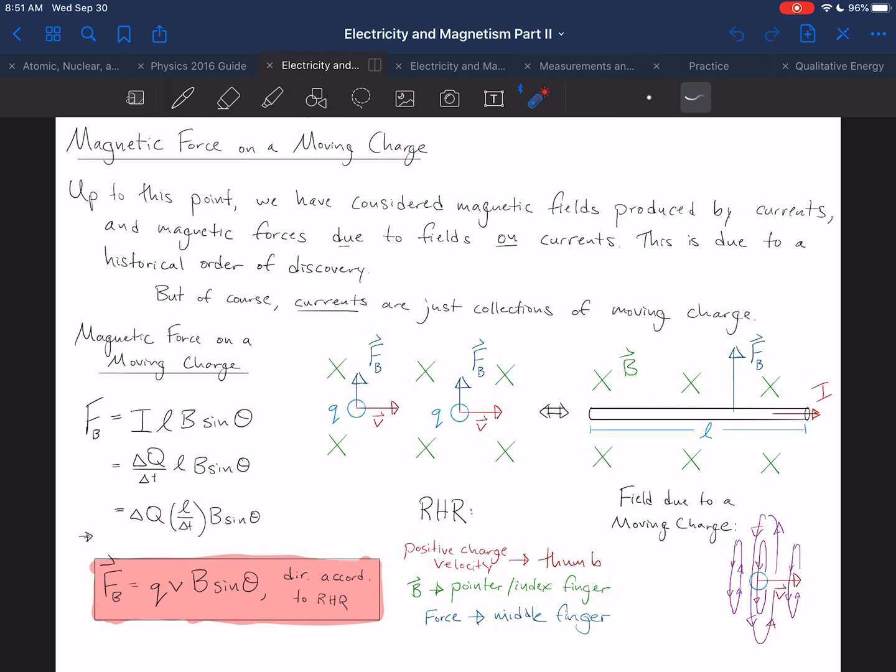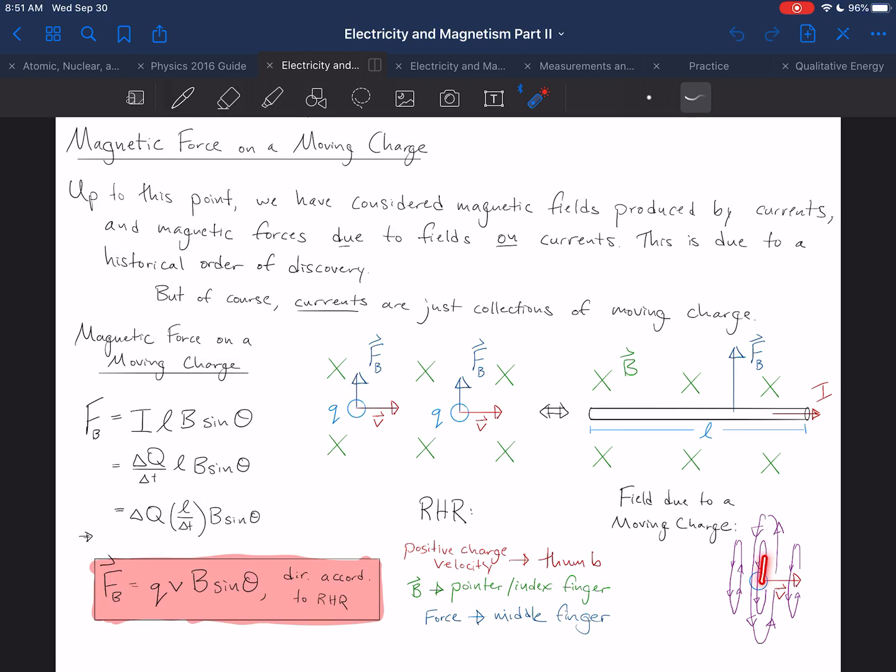The final thing I'll mention is that although you won't be assessed on this, it is an interesting question to consider what the magnetic field looks like for that moving charge. And the answer is, it's pretty similar to the magnetic field of the current, but it doesn't have that nice symmetry all the way along its motion. What you'll see directly level with the motion of that charge is exactly the same kind of field structure, these concentric circles of magnetic field centered on the moving charge.